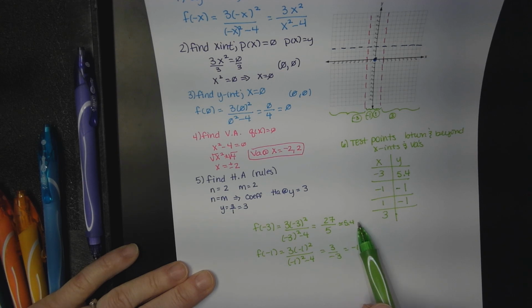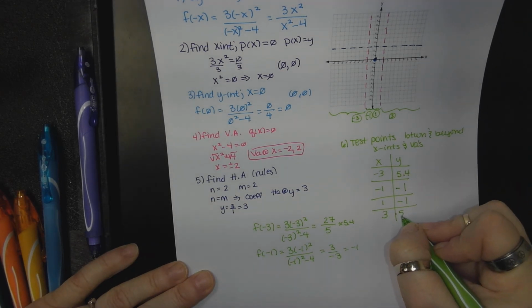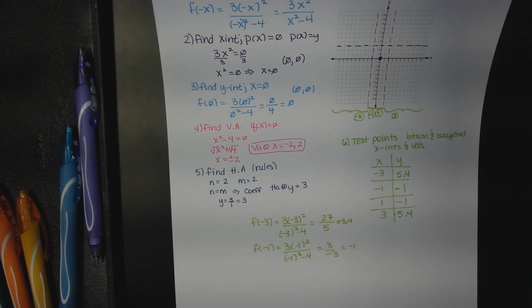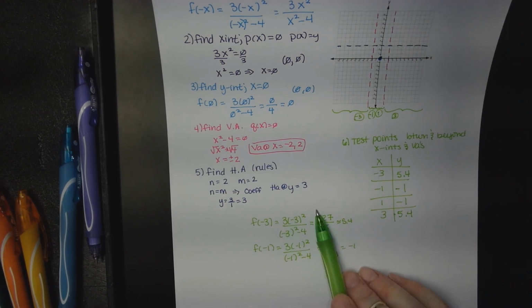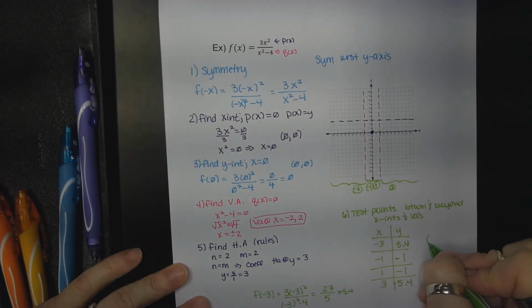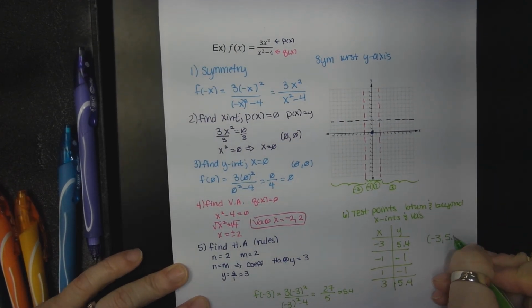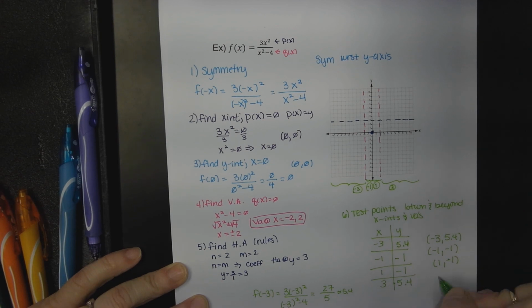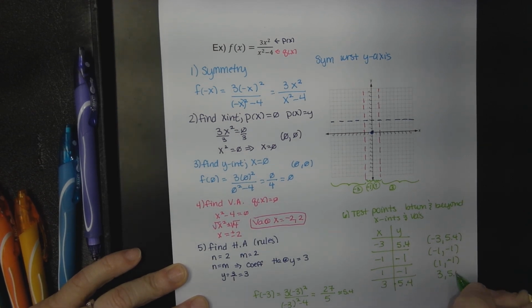And we plug 3 in, it's going to give us the same number, so it's going to be 5.4. That's the cool thing about squares, because 3 squared gives you the same output, okay? So now we can say -3, 5.4; -1, -1; 1, -1; and 3, 5.4.